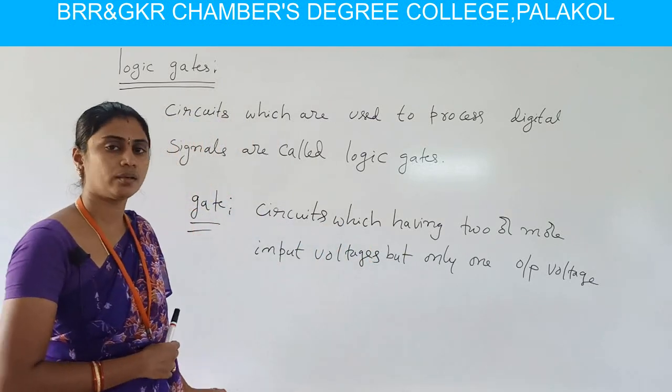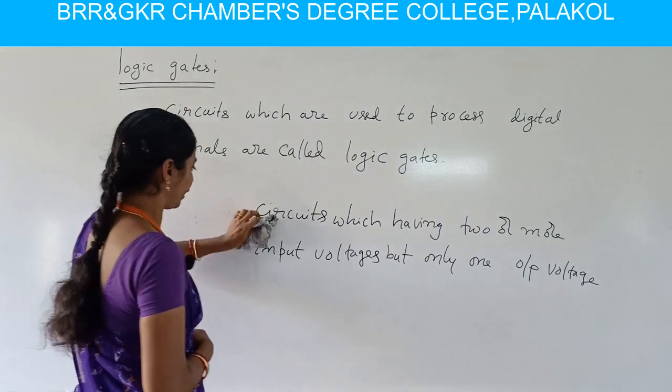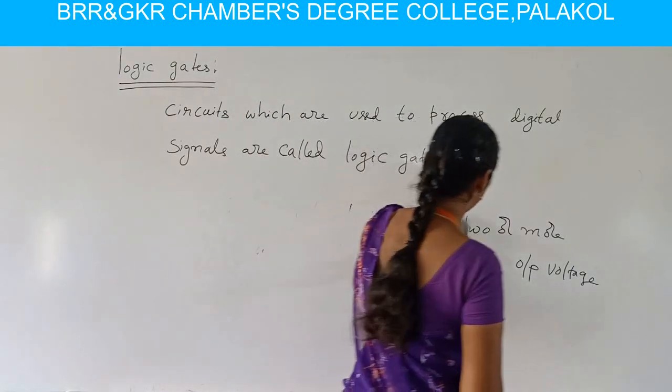Mainly three gates are said to be the basic gates. What are the three main basic gates?